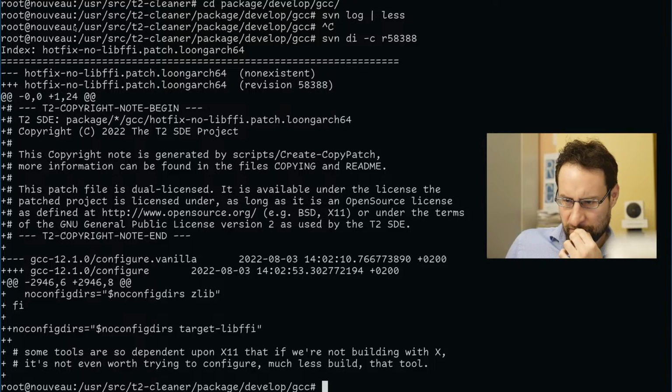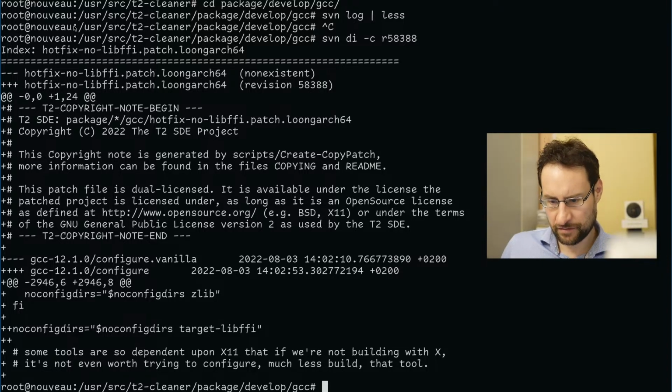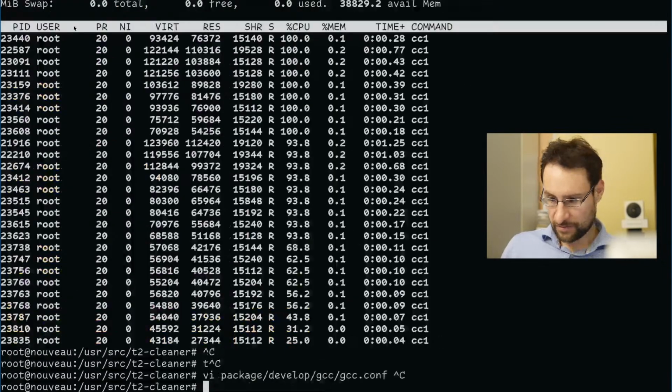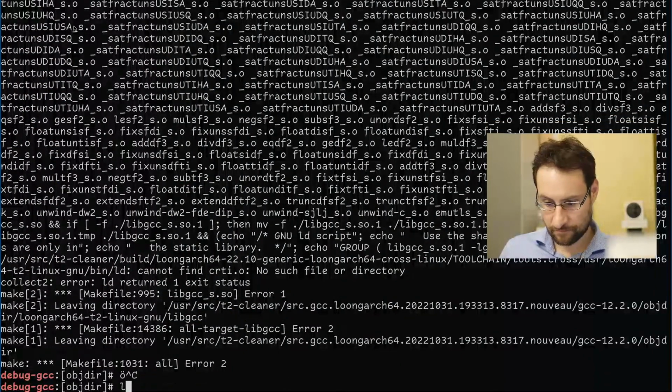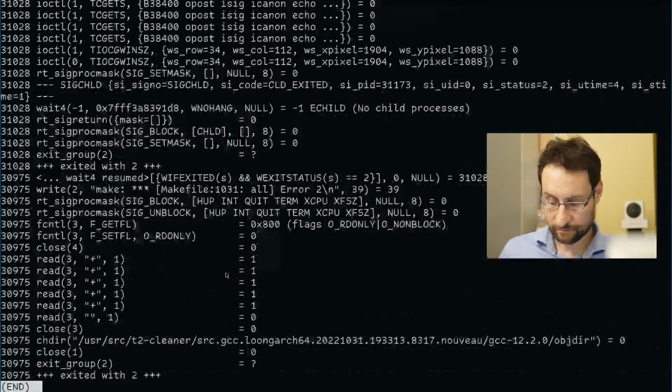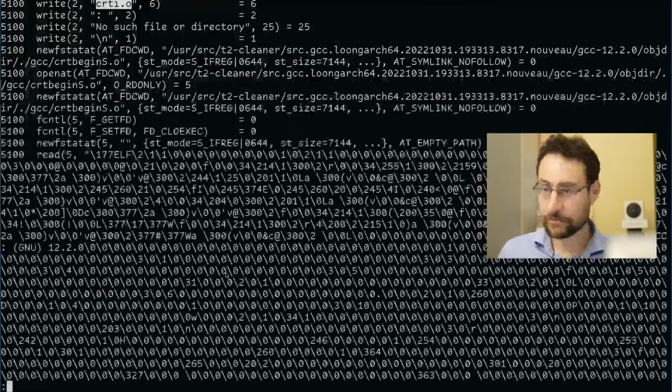Not even remember why that was necessary. It's not really what I expected. Let's see where it wants to find that. So we have it in there.